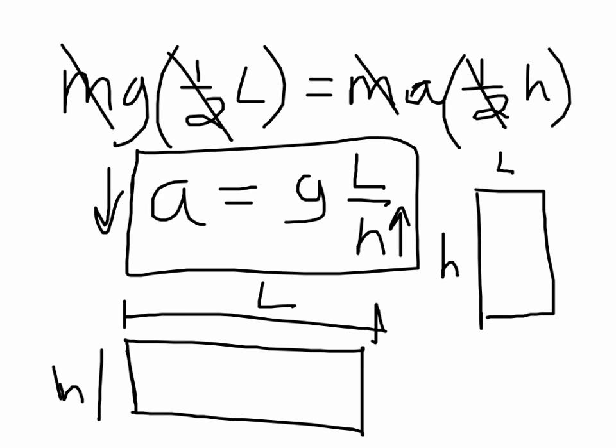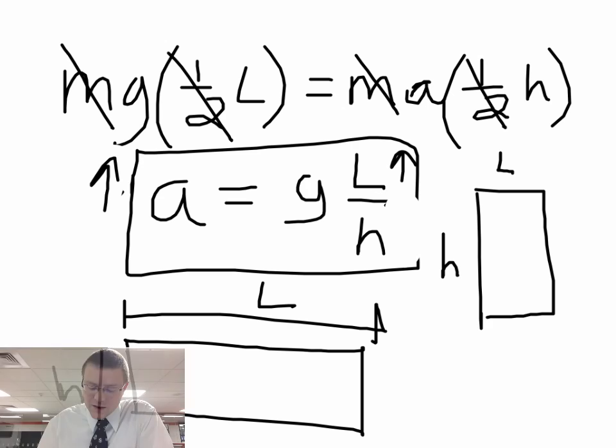And in that case, the ratio of length to height is very large, and you can have a much larger acceleration to get away and steal that very large block of marble.